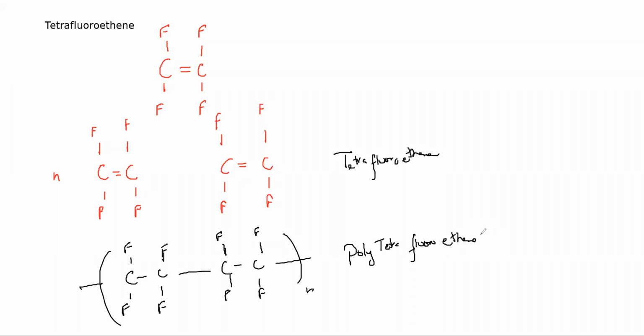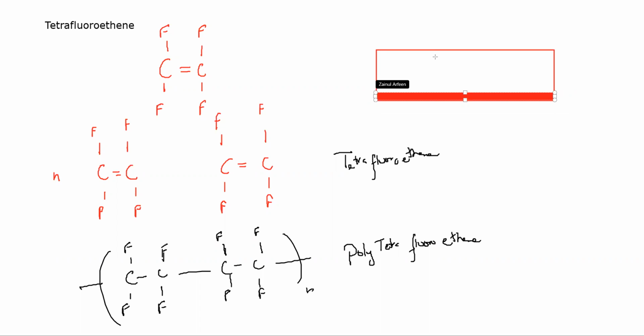And where do we use this compound? Maybe you have seen non-stick pans. Non-stick pans consist of a layer of a compound which is called polytetrafluoroethene or Teflon. Teflon is a common name. A non-stick pan has a layer of polytetrafluoroethene, so the food will not stick to this.